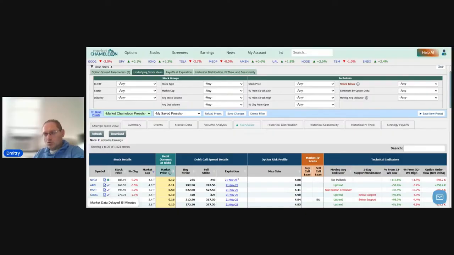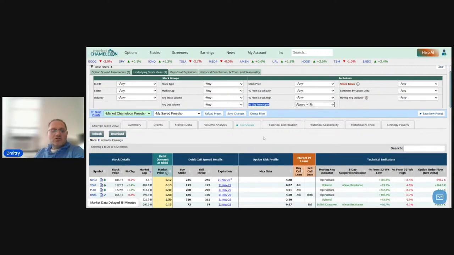Is the order flow pushing the stock higher from that point or lower, right? So we could look at it from that perspective and say, well, if the stock is up 1% from the open, then it's showing demand for that stock. So let's say we did that, up 1%.